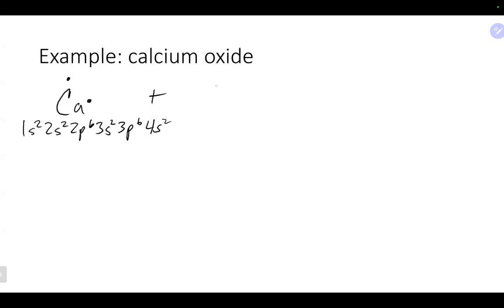We are going to put it together with oxygen, which is group 6 on the periodic table, which will have 6 valence electrons here, and an electron configuration of 1s2, 2s2, 2p4 in this case.